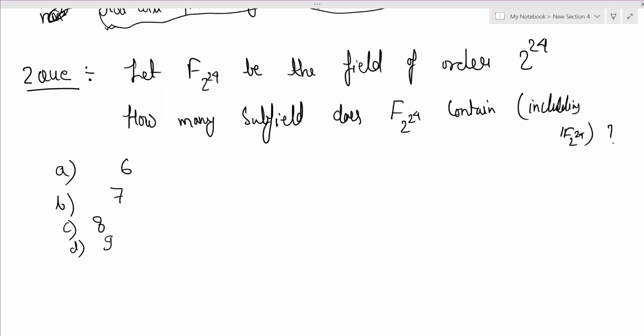Subfield means what are all possible powers of 2: 2 to the power k, x to the power 2 to the power k minus x. Are you getting what we have to do?